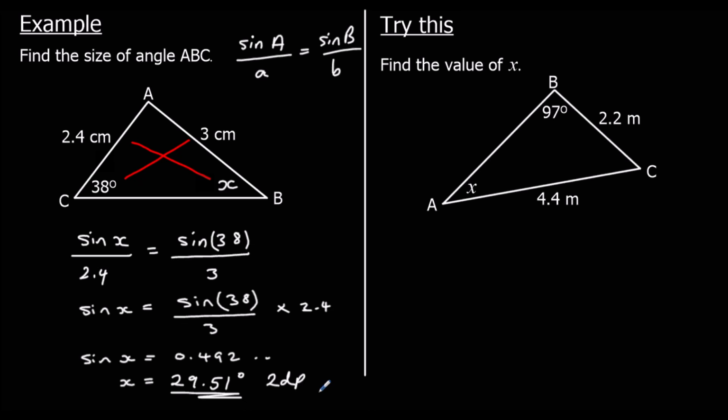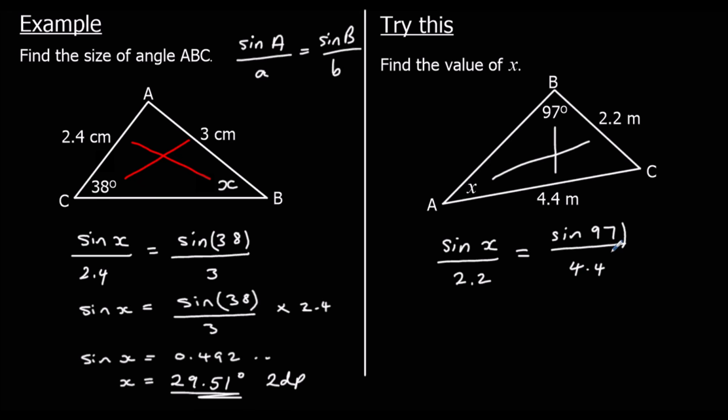And one for you to try, so pause the video and give it a go. So we've got opposites, we're working out an angle, so we're going to put the angles on top. We've got sine x over its opposite, which is 2.2, equals sine 97 over its opposite, which is 4.4.